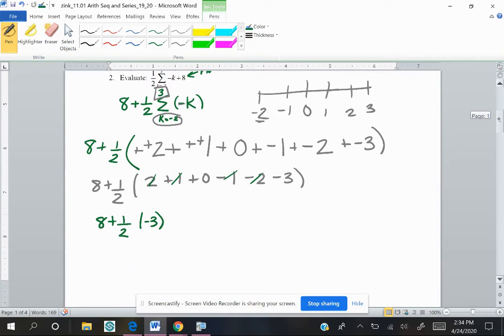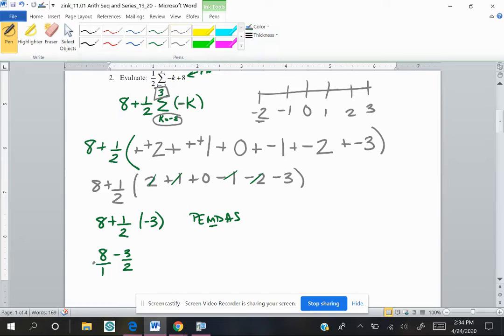So order of operations, I'm going to do my multiplication first. So 8 plus 1/2 times -3 is -3/2. And then you can use your calculator to add them, or we're adding fractions with no equal sign, so we need a common denominator.